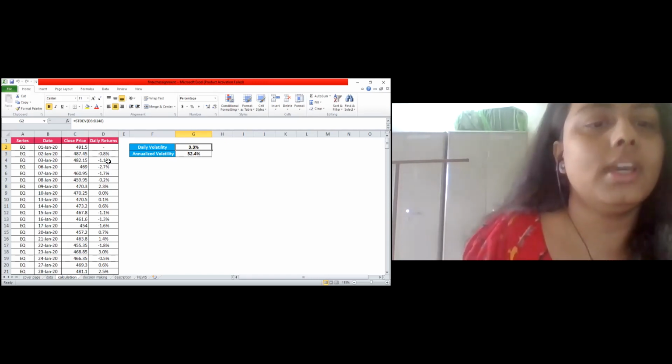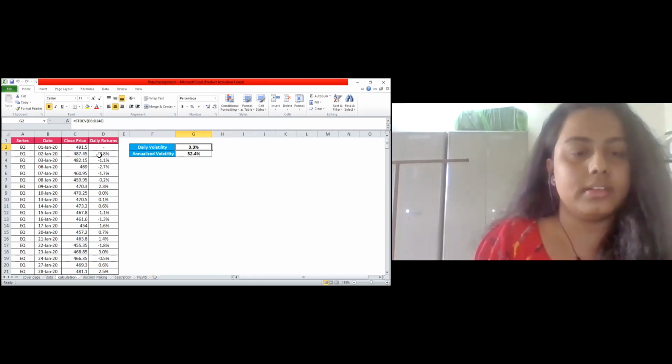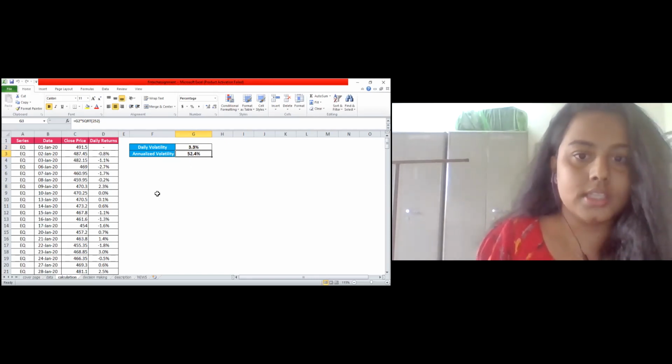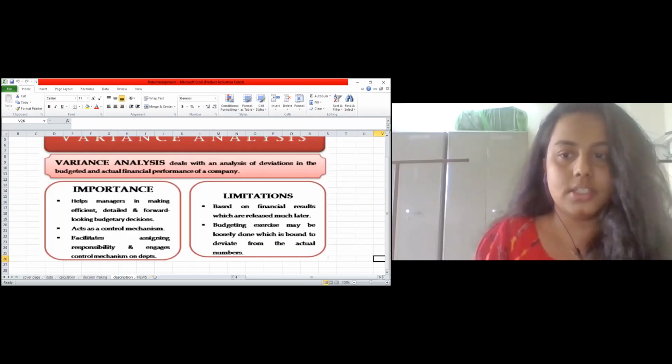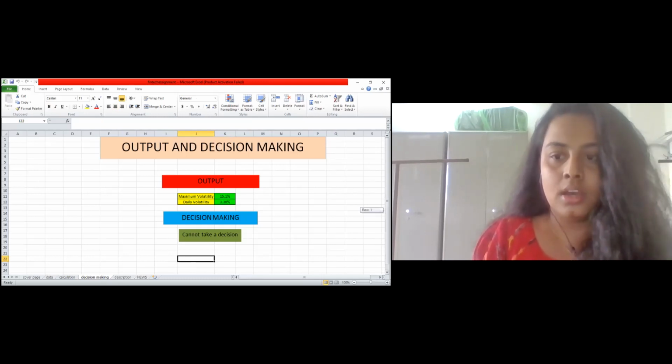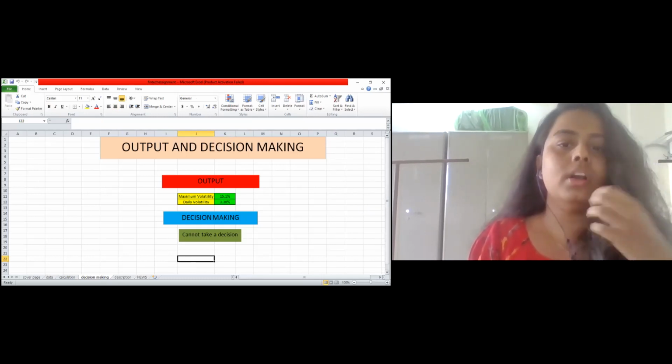It shows from the entire daily returns. This is the equation which we are using. And when we are talking about the annual volatility, this will be generated automatically with the help of the template. When talking about the decision making, this is the decision which we already got.